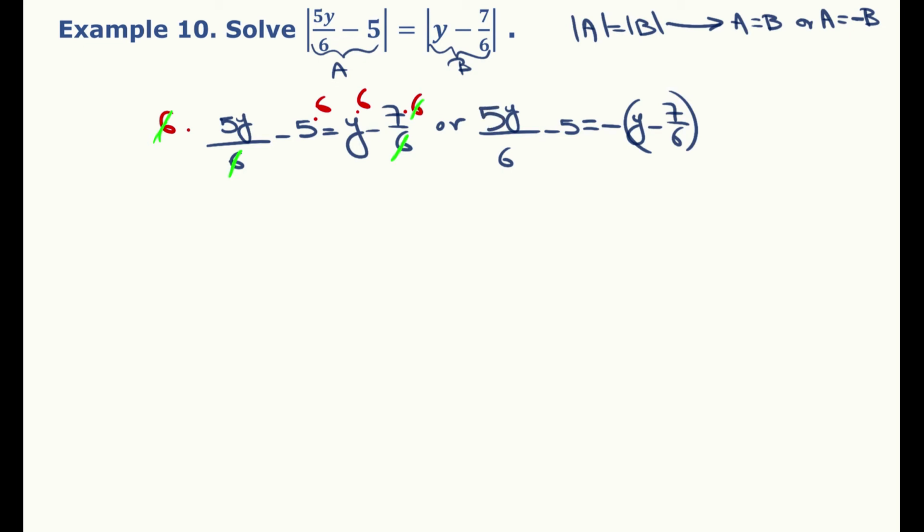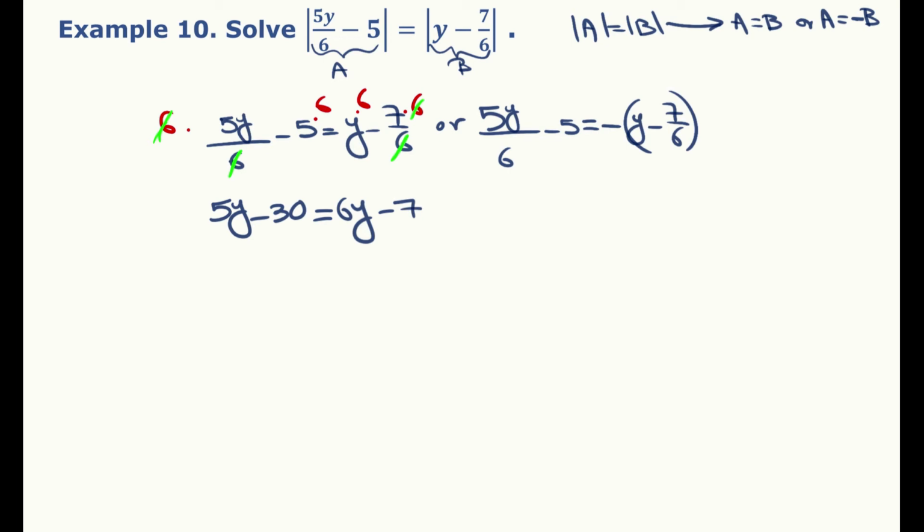All right, so let's go ahead and finish this, then we'll get to the other one. So we have 5y minus 30 equals 6y minus 7.